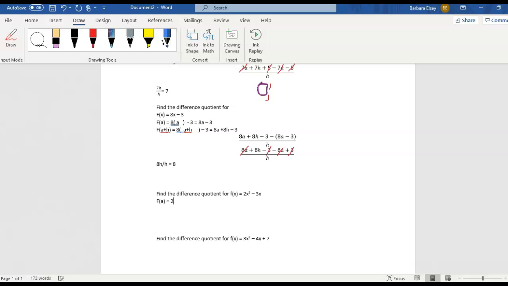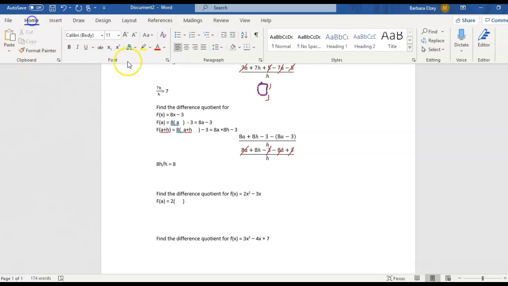So I'm going to put parentheses in wherever there is an x. So putting parentheses in here, I'll have 2 parentheses squared minus 3 parentheses. So I've put parentheses in for these 2 x's right here. All right, so now let's drop a into those parentheses.